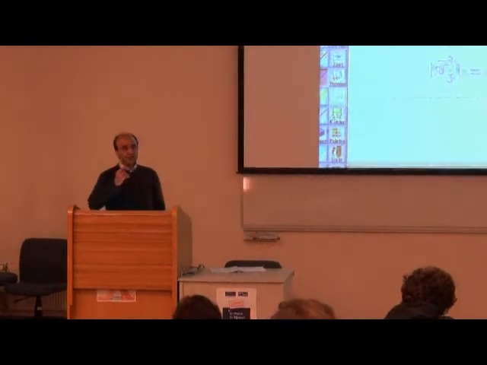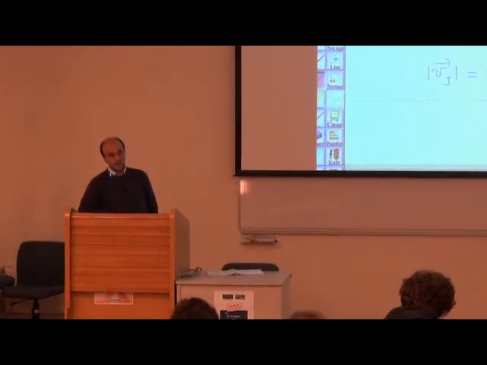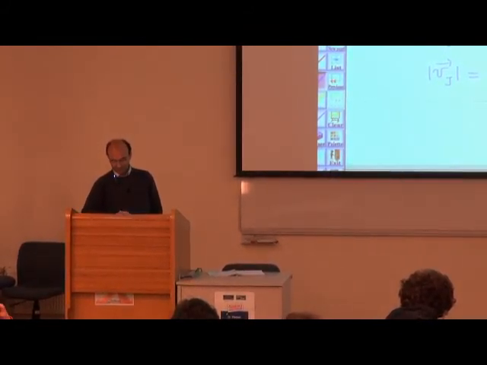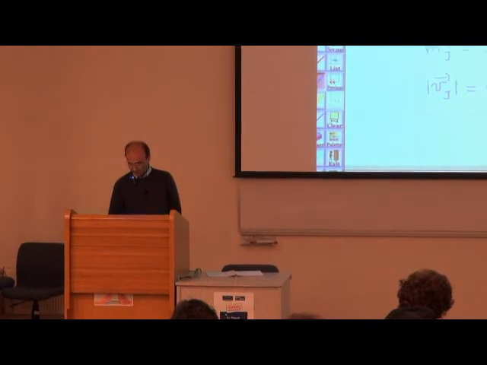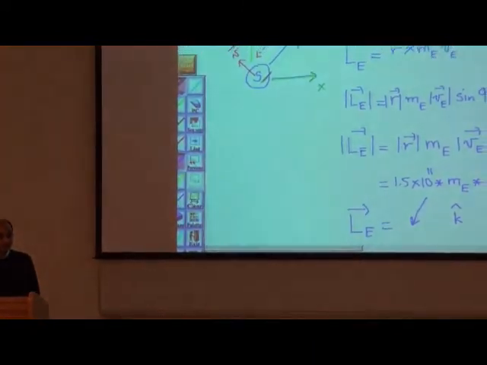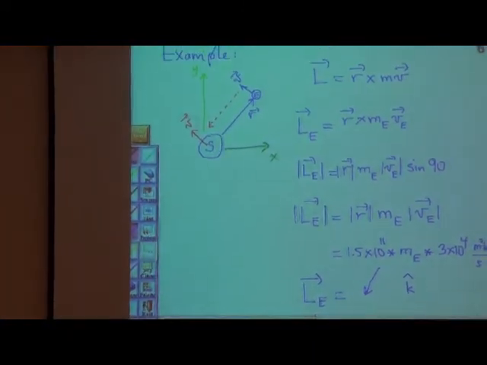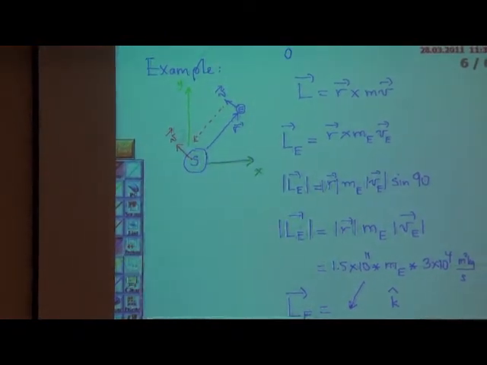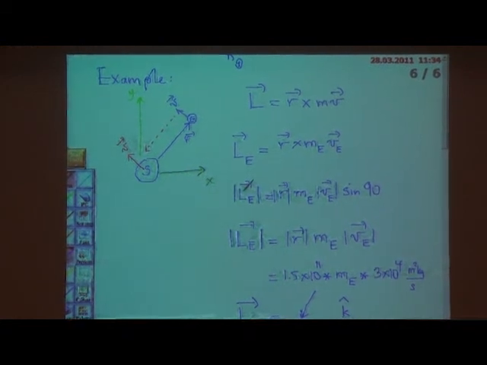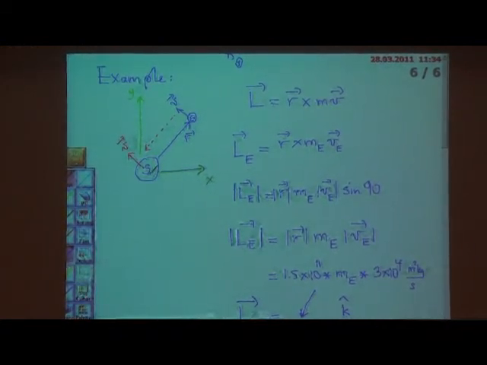Namely, the direction of Earth's angular momentum is parallel to the direction of Jupiter's angular momentum. So here is Earth rotating around the fixed point, the Sun. Here is Jupiter, far, far away, but let's put it anyway. It's also moving in the same direction with respect to the Sun.